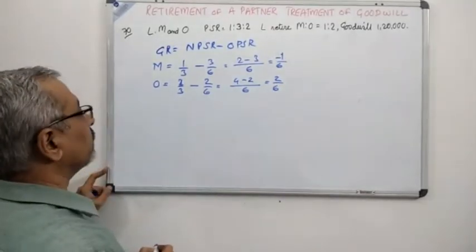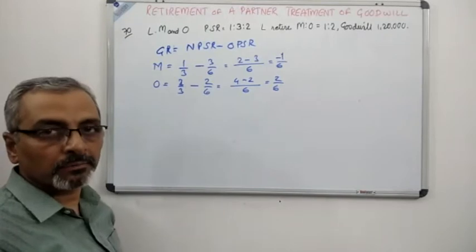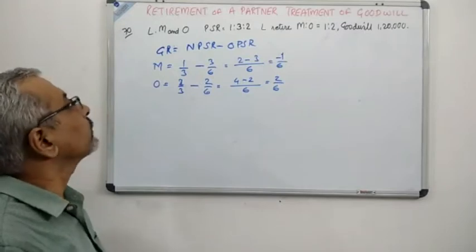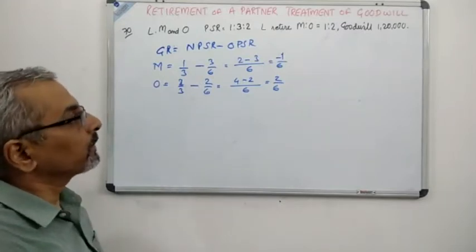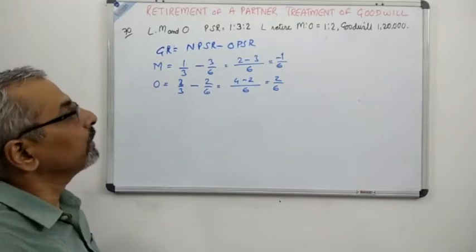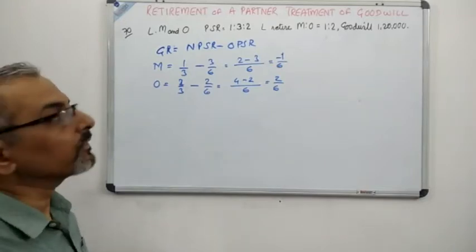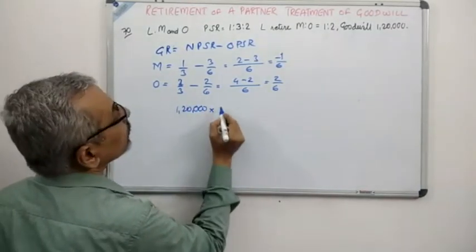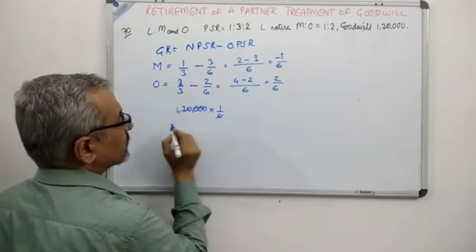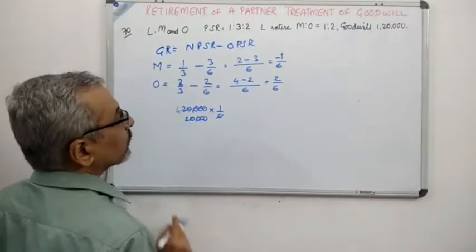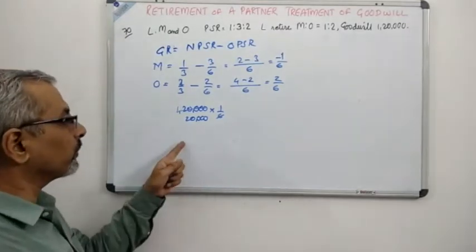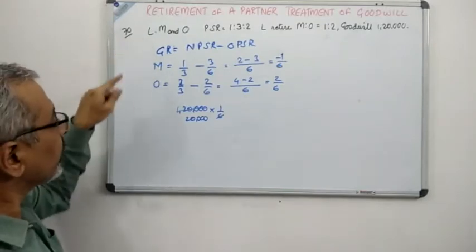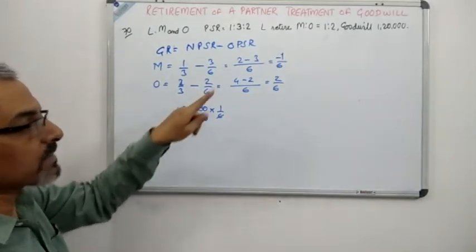So it is very clear that O is the gaining partner and there are two sacrificing partners, the partner who has retired, L, and one of the continuing partners, M. Now let us calculate the share of goodwill of the retiring partner, L. 1,20,000 into 1 by 6 gives us a value of 20,000. If 1 by 6 is 20,000, then 20,000 will be given to M as well as to L, the retiring partner, by O, who has actually gained.